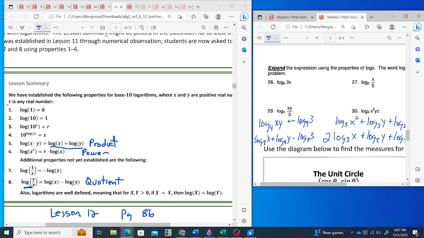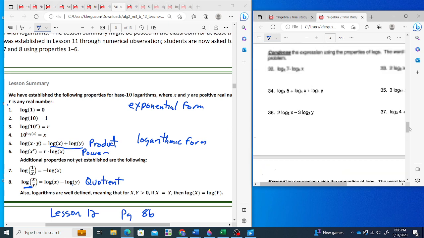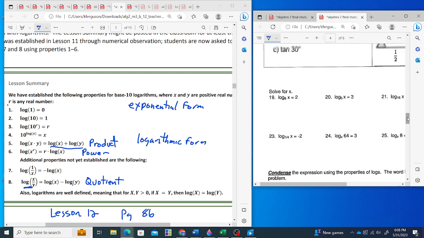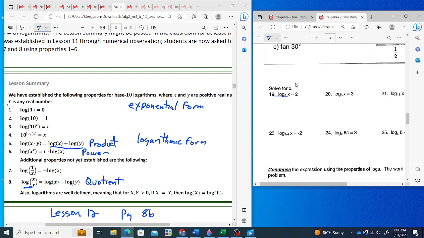Now there's one more thing that we want to write down as far as logs go. You want to make sure you understand exponential form and logarithmic form. So let's take one of these, like this one for instance.